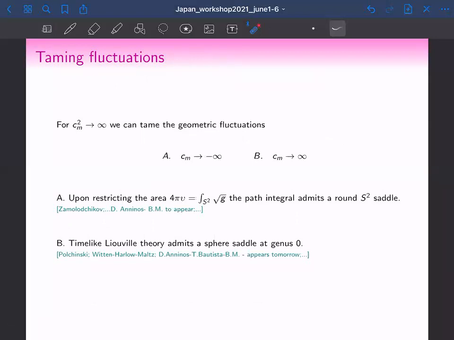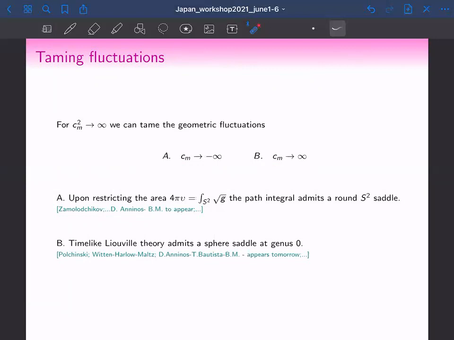However, if you take C matter squared to infinity, which gives you two possibilities, namely very large negative central charge or very large positive central charge. Now say you're on the sphere, so on genus H equal to 0, and then you impose this area constraint. So you're not taking an arbitrary sphere, but a sphere which has area 4 pi upsilon.